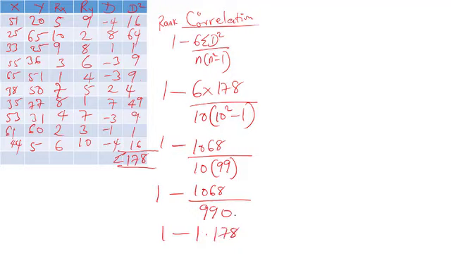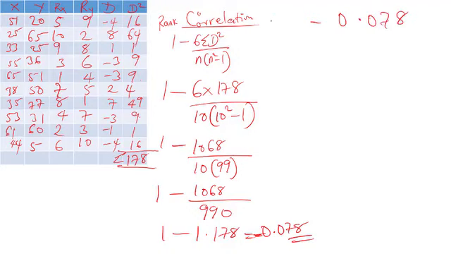So the final answer is 1 minus 1.078, which gives minus 0.078.